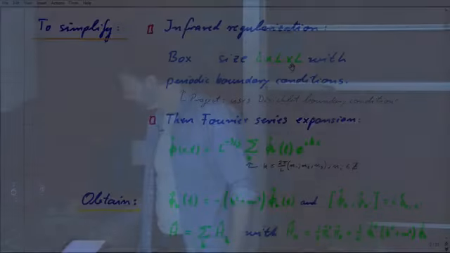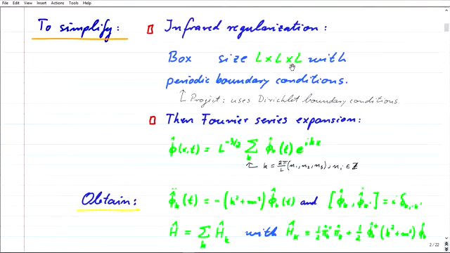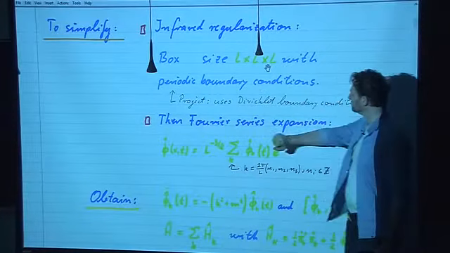And in order to solve that problem, we simplified it by imposing an infrared regularization. So we assumed that the physics takes place in a huge box of side length L, where we were thinking of gazillions of light years. And we imposed periodic boundary conditions.